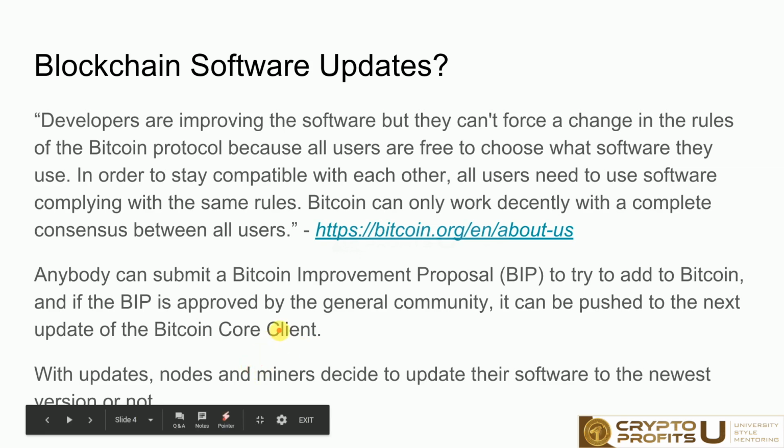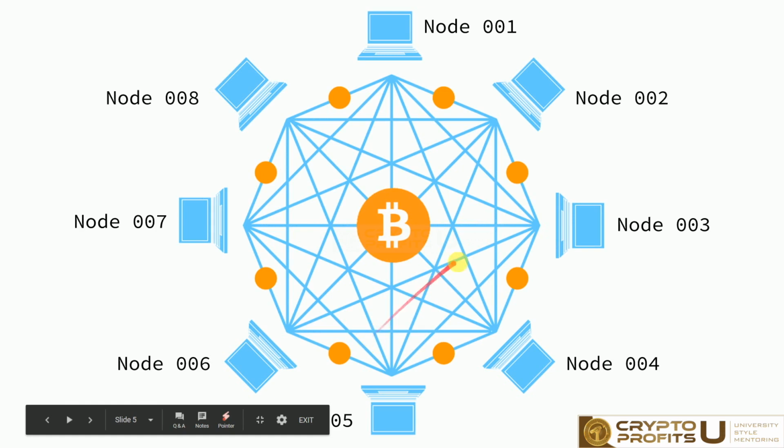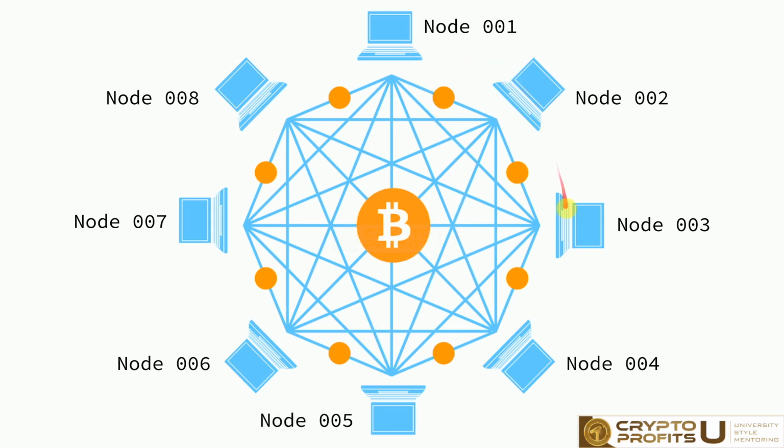Now, with these updates, nodes and miners and all the servers and computers decide to update their software to the newest version or not. They can or they cannot. It's up to them. Again, it's an open software, and everyone can choose what version they want to have. So to kind of illustrate this, you can see all these servers or nodes or miners working together, and I have nodes 1 through 8, and this is just kind of how the blockchain works, with all these separate nodes.